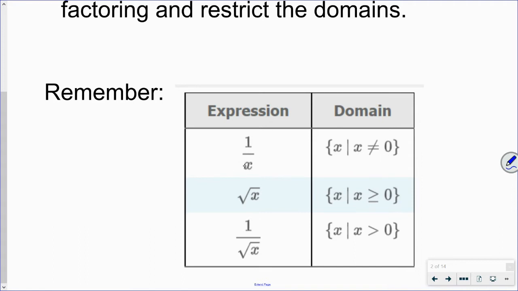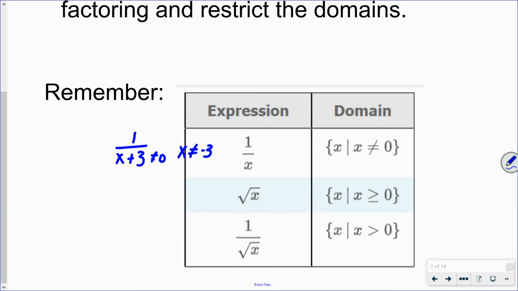Okay, you cannot have 0 in the bottom. So if that's the case, this whole thing cannot equal 0. For example, if I have 1 over x plus 3, okay, x plus 3 cannot equal 0. Therefore, x could not equal negative 3 because negative 3 would make that 0.